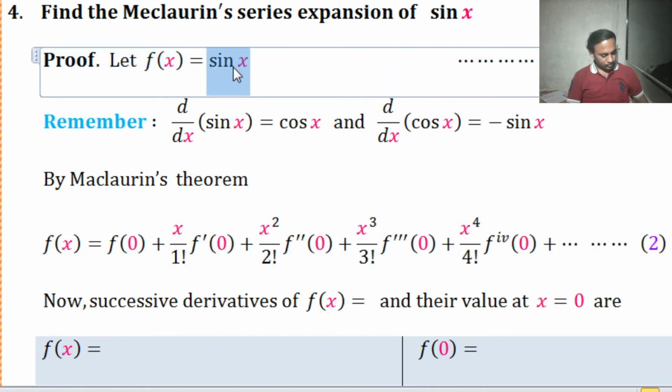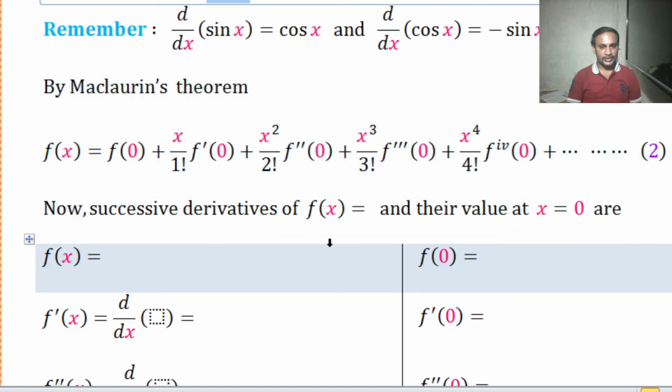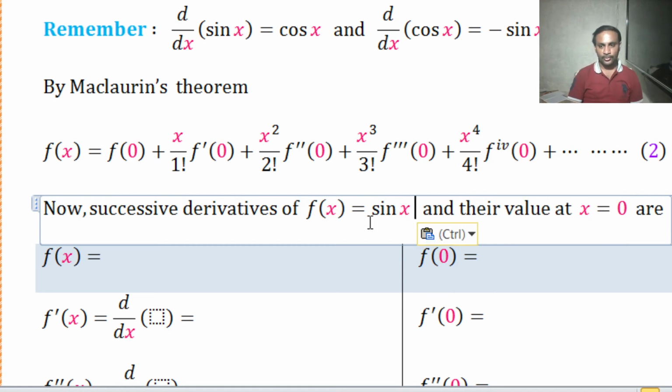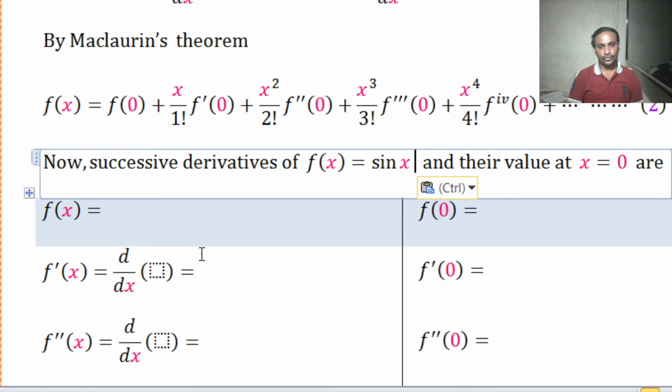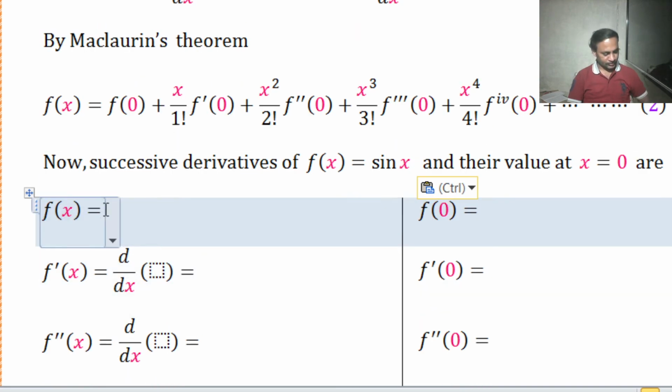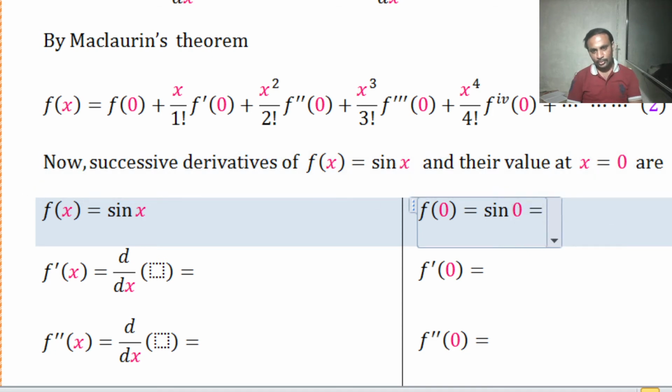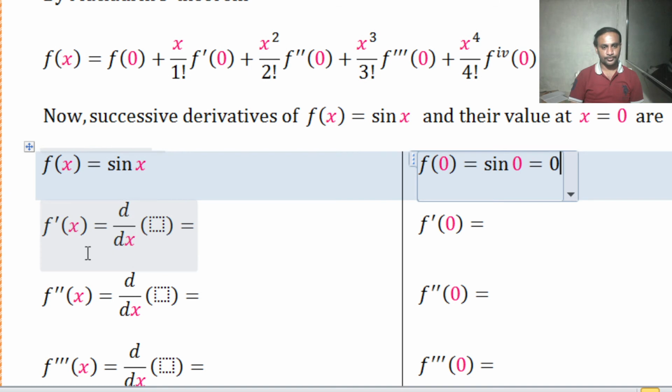Now we have to take successive derivatives of f of x is equal to sin of x and their values at x is equal to 0. Now here f of x is sin of x. Now from this sin function we can find f of 0, means we are putting x is equal to 0 in this sin function, but sin of 0 is 0, therefore we are getting f of 0 is equal to 0.